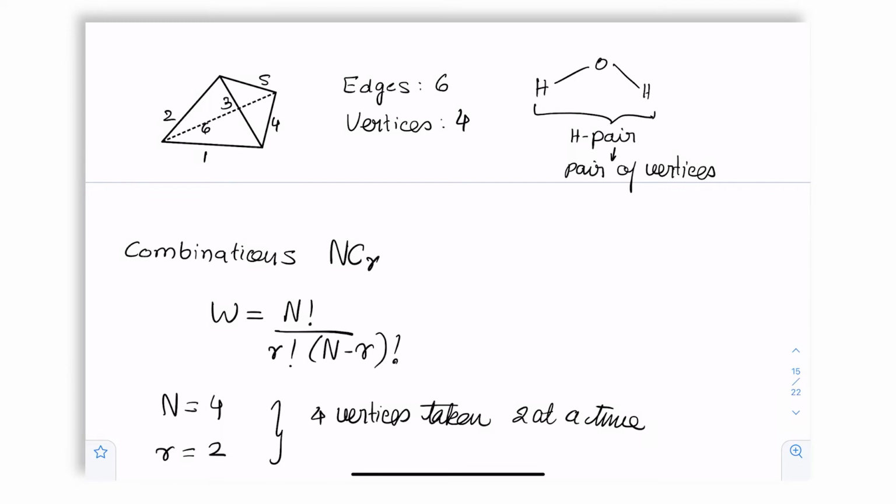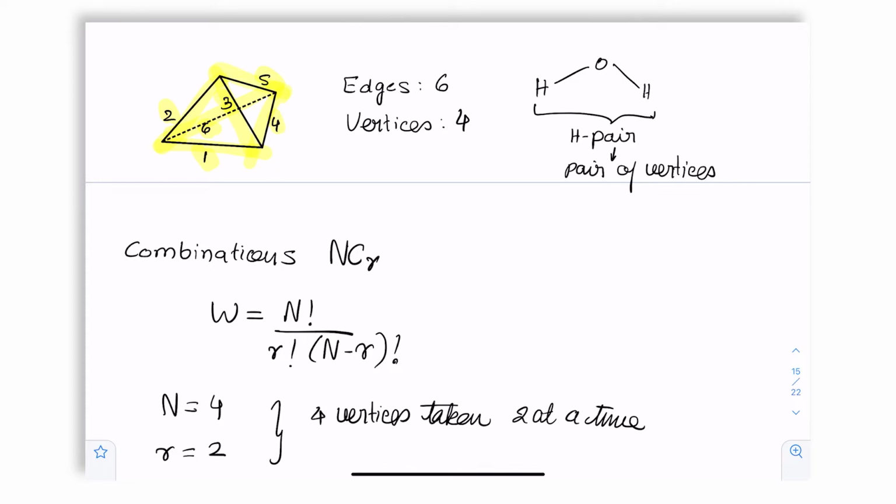We say that the tetrahedron you see on the left side consists of 6 edges: 1, 2, inside 3, 4, 5, and 6. Sorry, this 3 is above. So this is 1, 2, 3, 4. 1, 2, 3, 4, 5, 6.